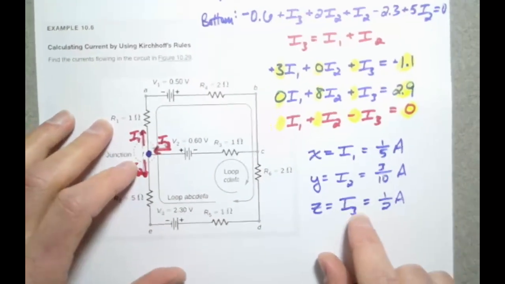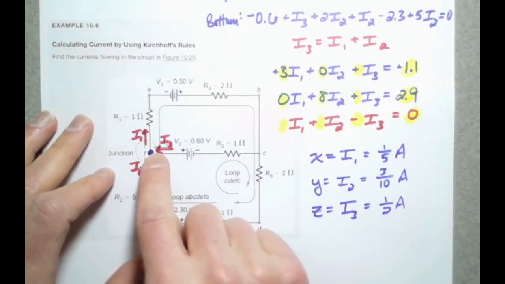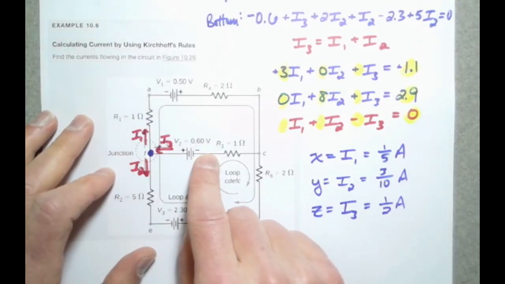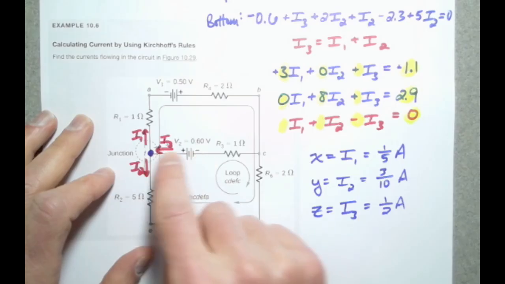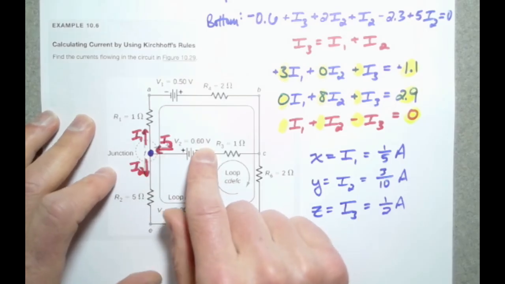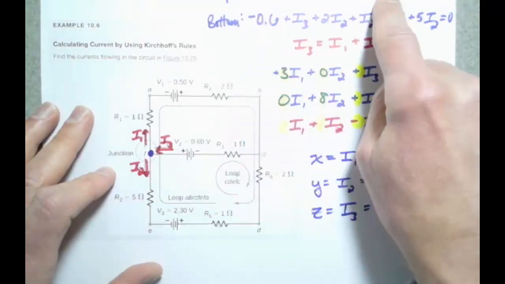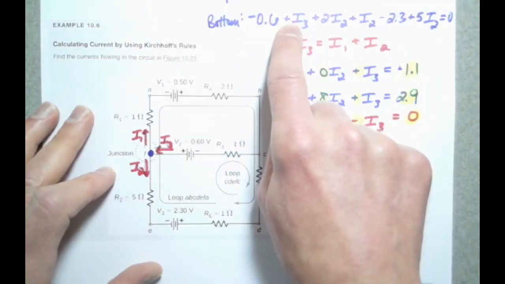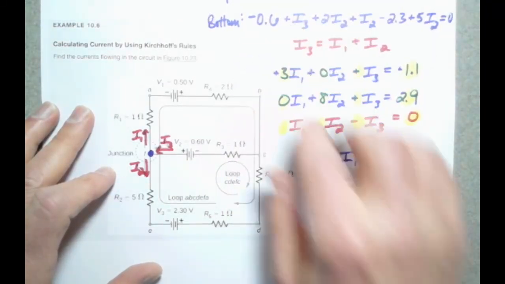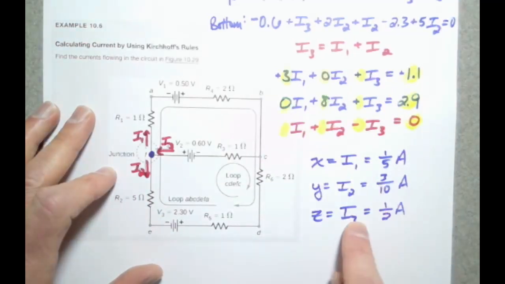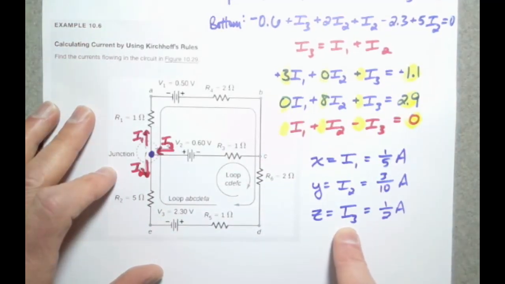Like if you mislabeled this and you're like, okay, I3 is going to go in this direction, and you think I3 is going to go to the right. Well, when you solve this, that would be a positive term, that would be a negative, like all the signs would be wrong or different. And then when you get here, I3 would equal -1/2.